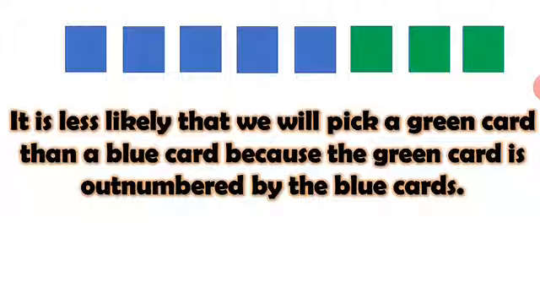Is it possible to pick a green card first rather than a blue one? Yes, but it is less probable, or there is a lesser chance, because there are fewer green cards than blue cards.